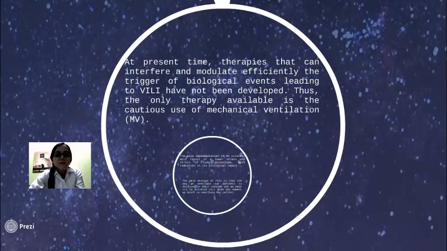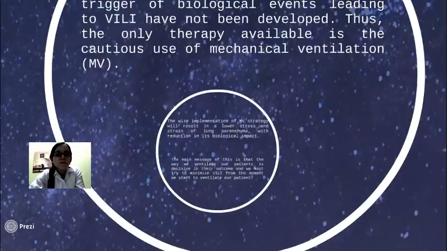At present, therapies that can efficiently interrupt and modulate the trigger of biological events leading to VILI have not been developed. Thus, the only therapy available is the wise use of mechanical ventilation.